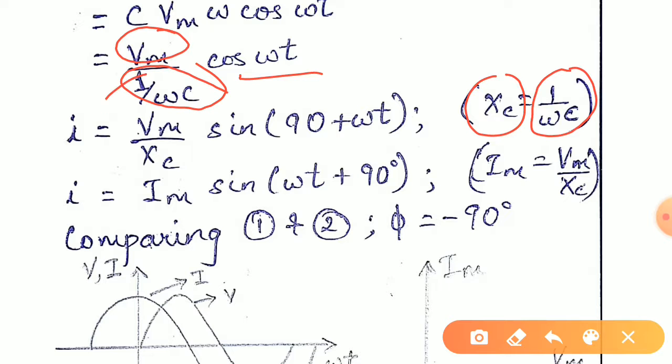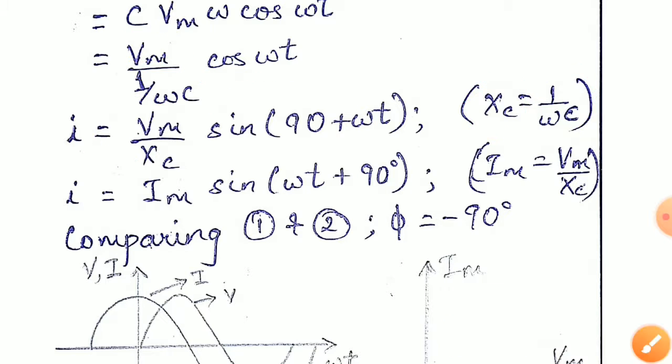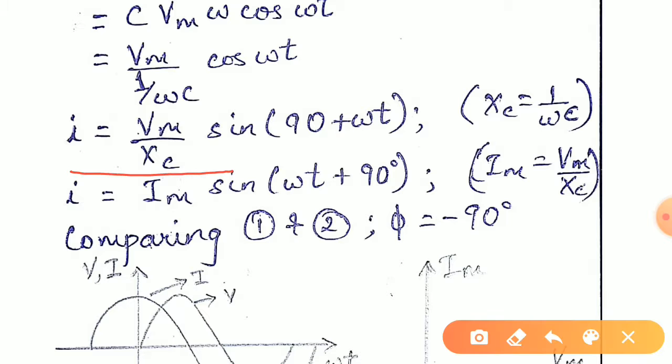So 1 upon omega C is replaced by XC and we get I equal to Vm by XC sin of 90 plus omega t. Vm upon XC can be replaced by Im. So I is equal to Im into sin of omega t plus 90 degrees.